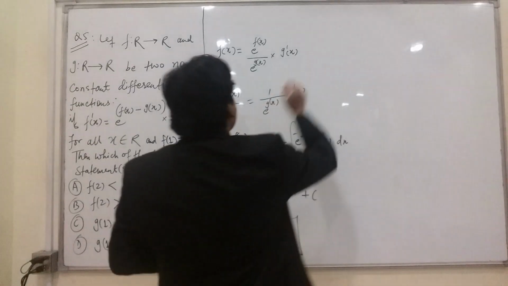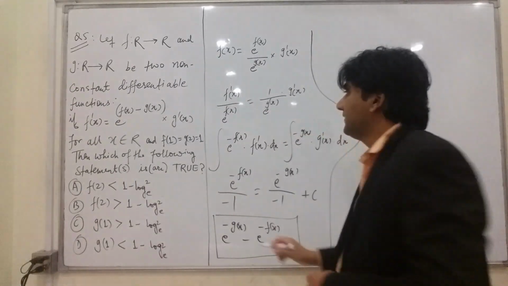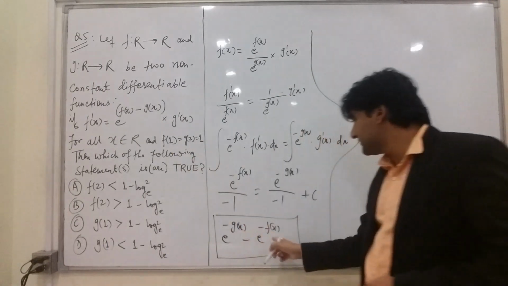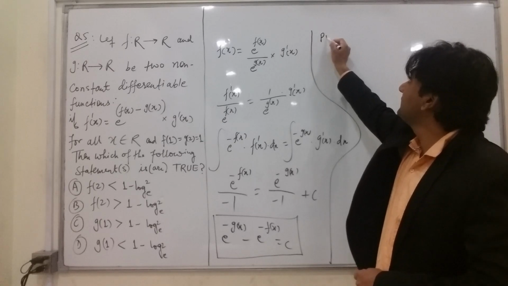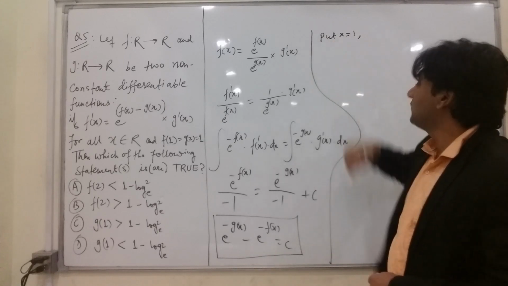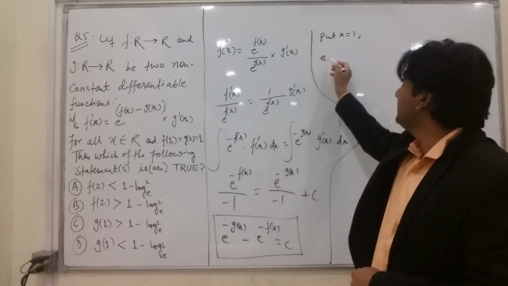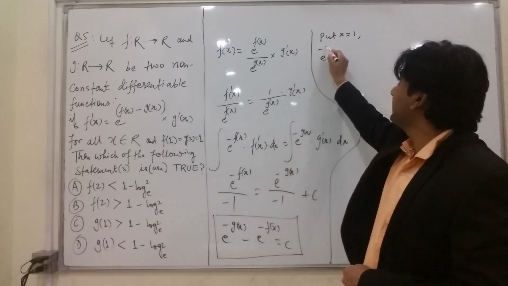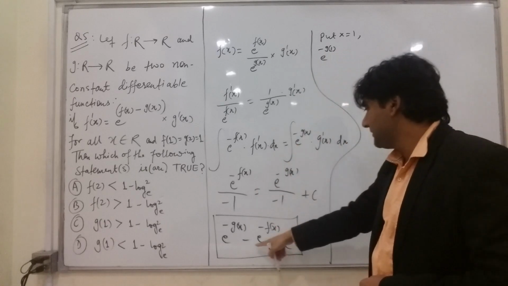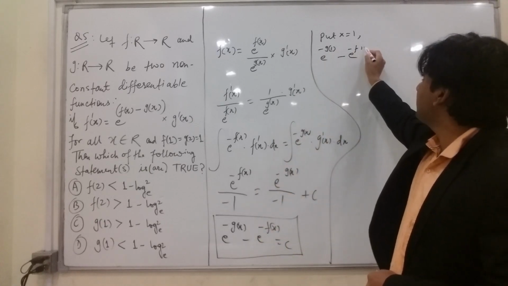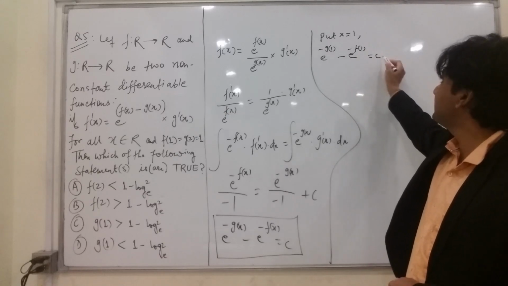Now we will use another piece of information which we have: f(1) equals 1. So put x equals 1 on both sides. If we put x equals 1 right here, we will have e raised to minus g(1) minus e raised to minus f(1) equals c.